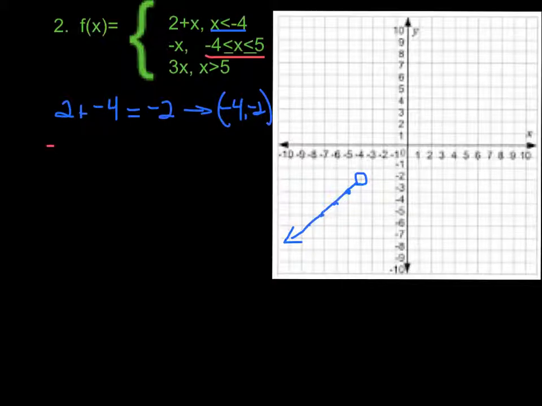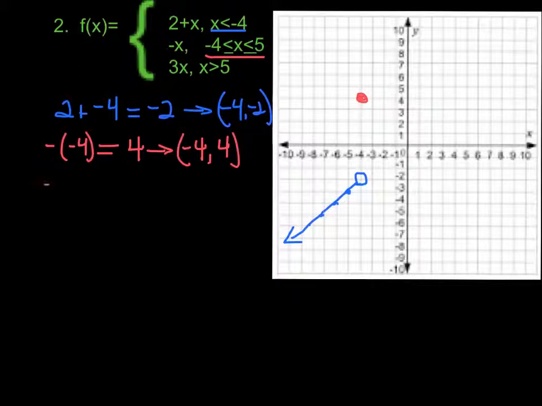So if I plug in a negative 4, I get positive 4. So I'm going to go negative 4, 4, and I'm putting in a solid dot there because it is including x equals negative 4. Now I'm going to do the same thing at the other end where it says x is less than or equal to 5.